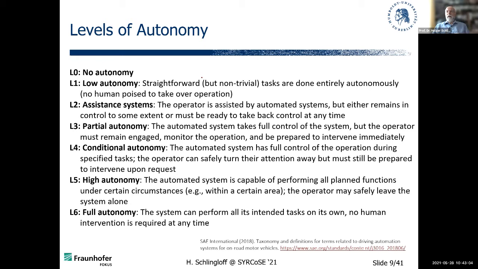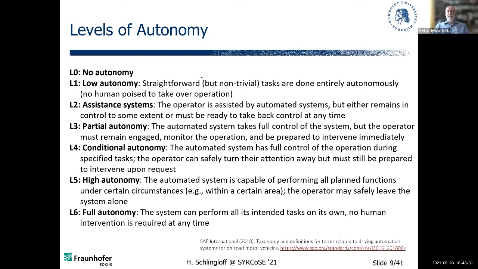It will keep you in the lane, but of course it's your responsibility. Then you have conditional autonomy, where the controller has full control of the operation during specified tasks. For example, you can read a newspaper while driving, and the system will alert you.